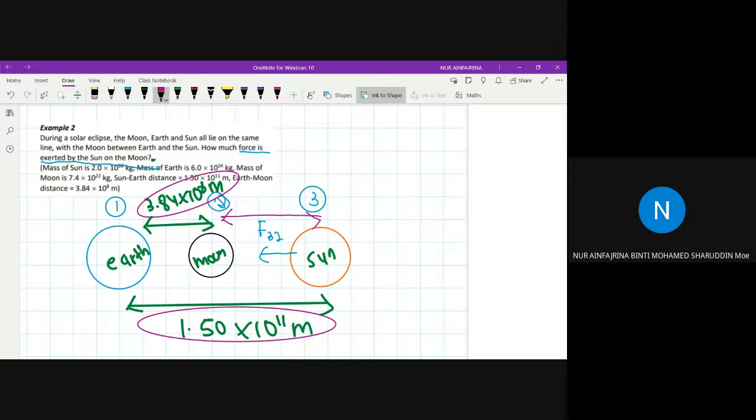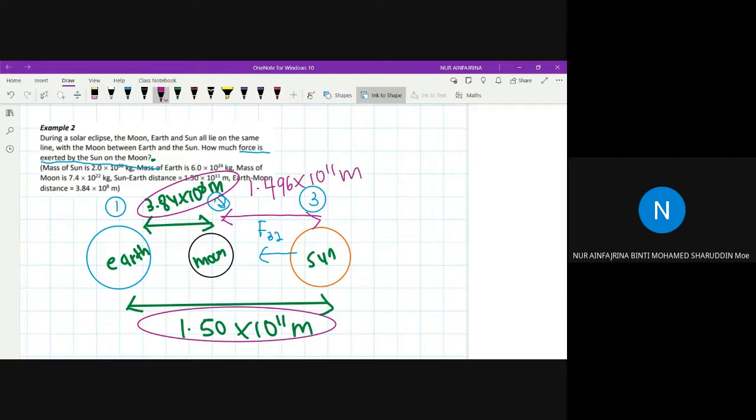Anyone? 1.496 darab 10 kuasa 11. Very good. So, dia adalah 1.496 times 10 to power of 11 meter.